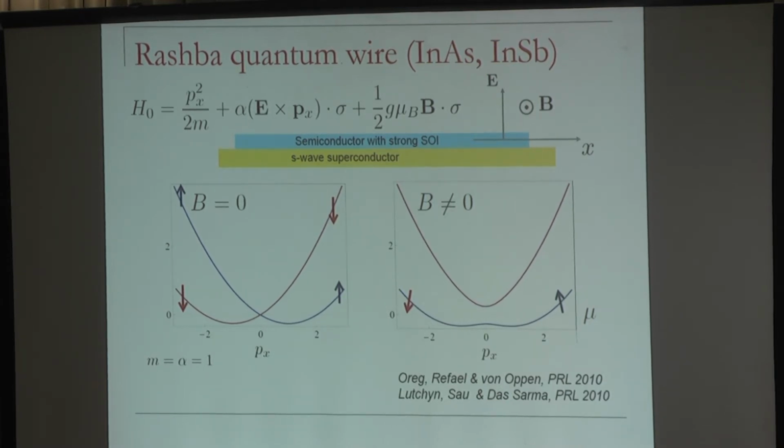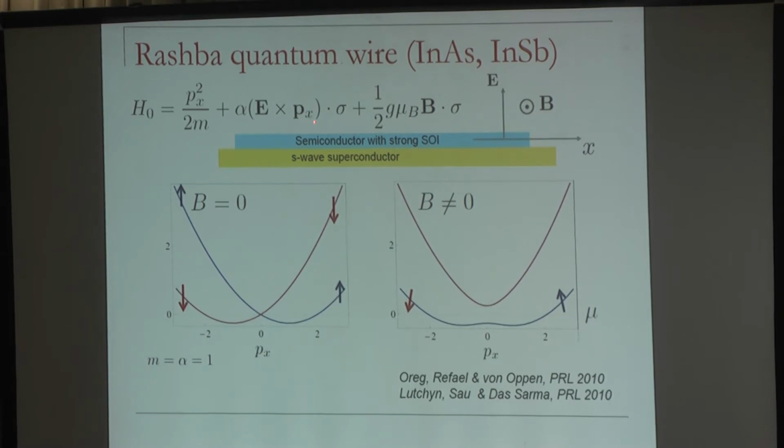What is spin-orbit coupling? It's essentially a relativistic correction, but you can also think about it as being caused by an electric field that comes from an interface. For instance, there could be an electric field in this direction because you have the wire on some other material. Now, an electric field will act on a moving electron, one that has some momentum p. In its own rest system, it will act like a magnetic field. From a Lorentz transformation, you basically get that.